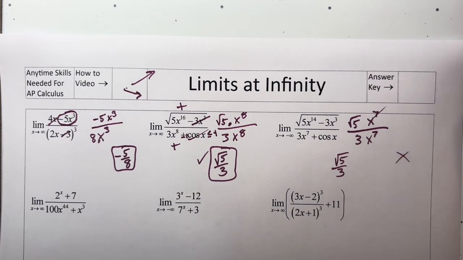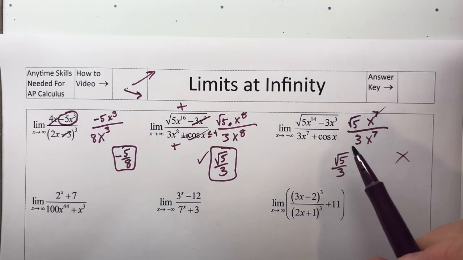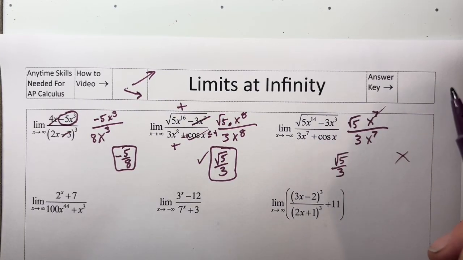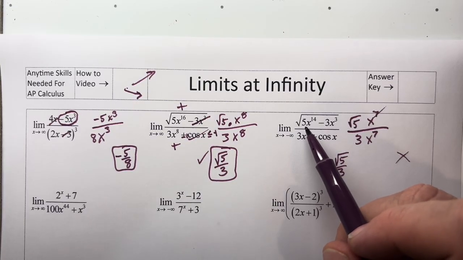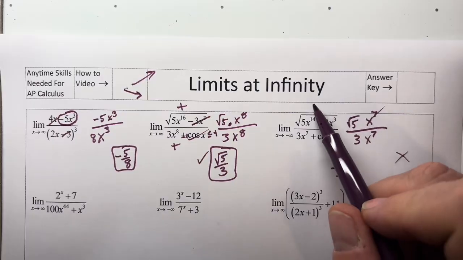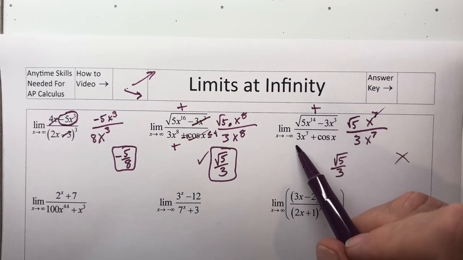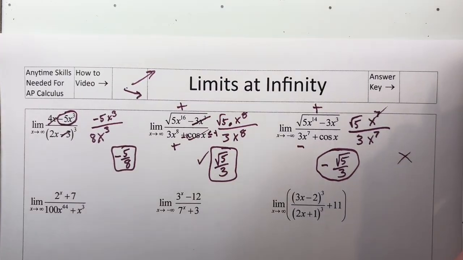That would be a mistake if you circle that as your final answer, because the square root and the even exponents really mess with the signs. So if x is at negative infinity, or a very, infinitely small number, then the top is still positive, but the odd exponent would make the bottom negative, and in fact the final answer would be negative root 5 over 3.